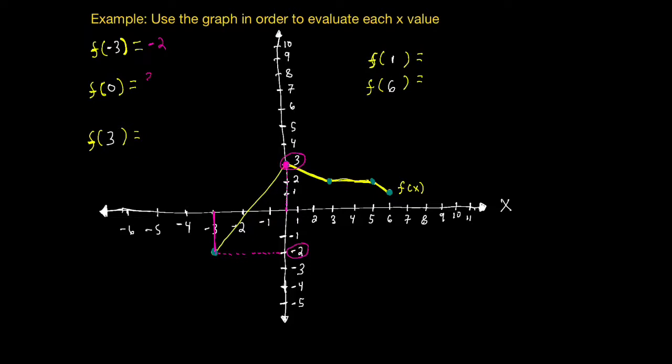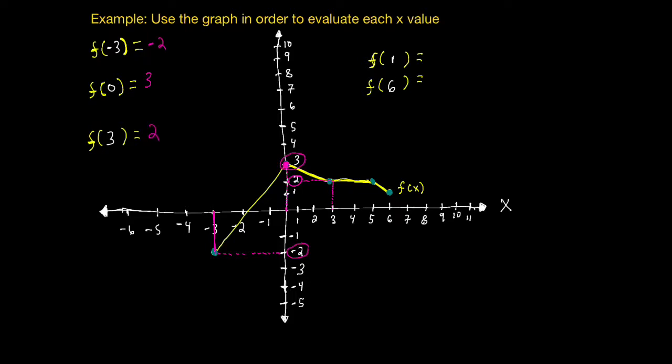So f of 0 is going to be +3. Now let's evaluate f of 3. So again, we have to start on the x-axis and we got to look for 3. 3 is right there. And now we have to go towards the graph here. So the graph is telling us that the value, the y value, is going to be at +2.